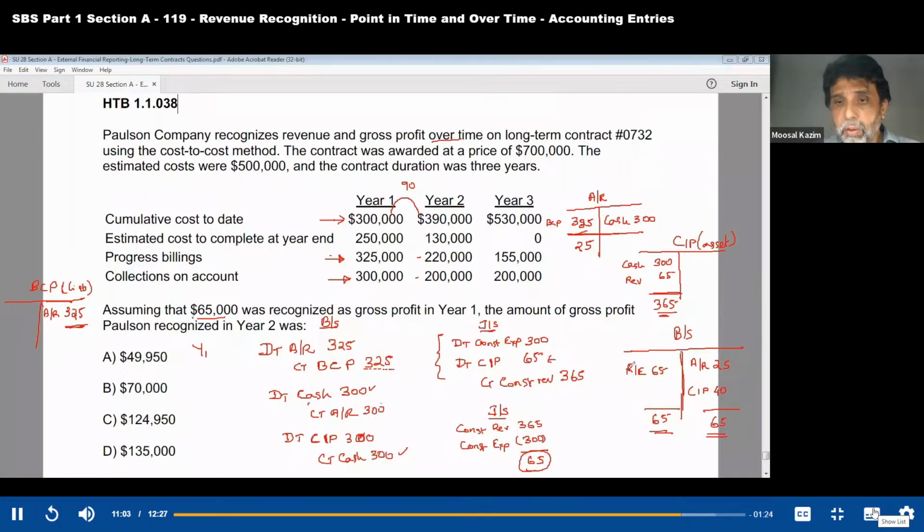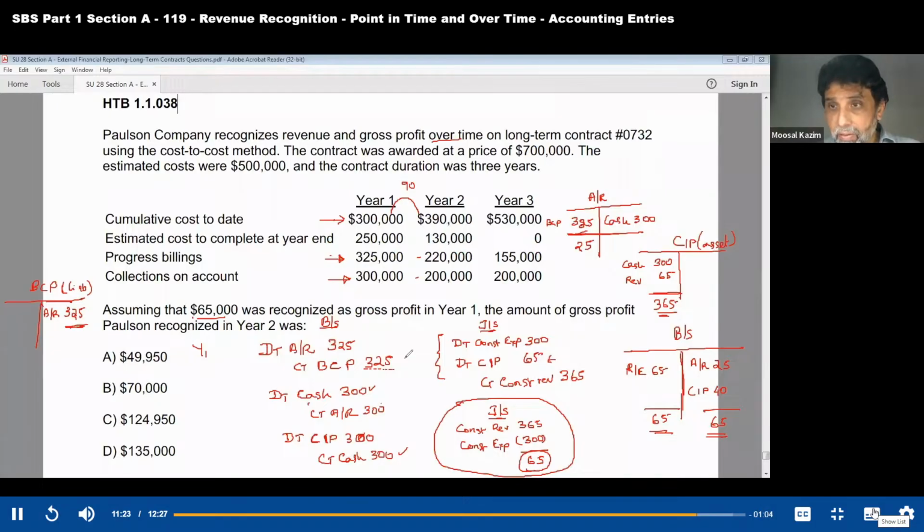So this is how it's done over time. If it was point in time, you wouldn't recognize these revenues or expenses. It would have remained in the CIP account and the BCP account. You would have carried it onto the balance sheet until the end of the project.